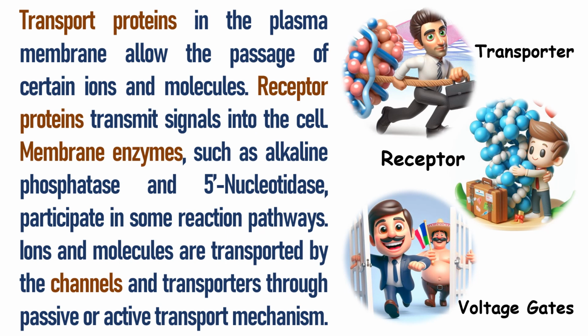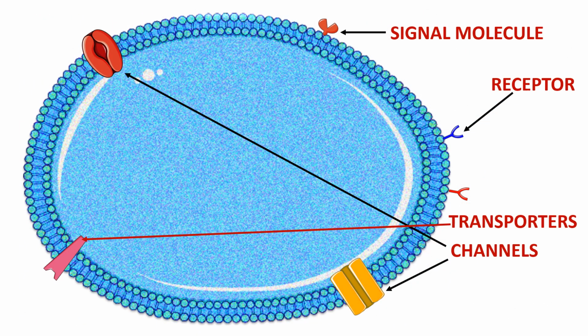Ions and molecules are transported by the channels and transporters through passive or active transport mechanism. Plasma membrane molecules have significant applied importance, as abnormalities in their structure and function have been linked with many disorders. We shall present a detailed discussion on plasma membrane, the embedded molecules and their function, in a separate tutorial.